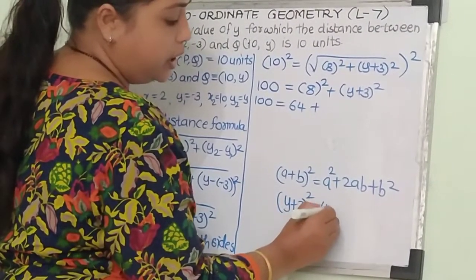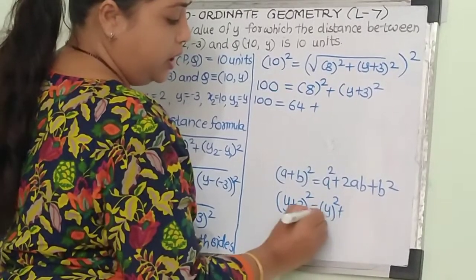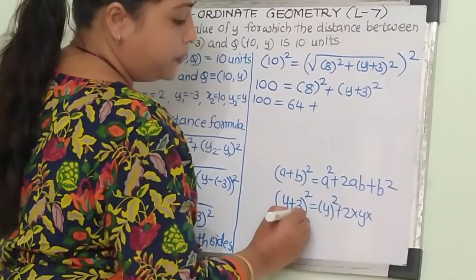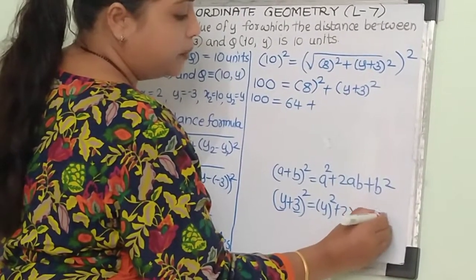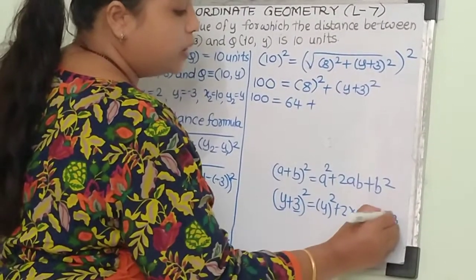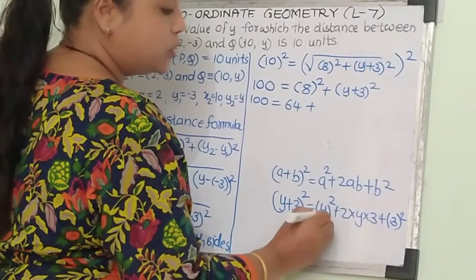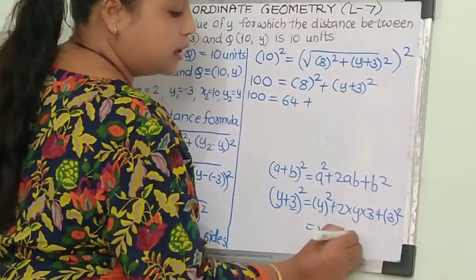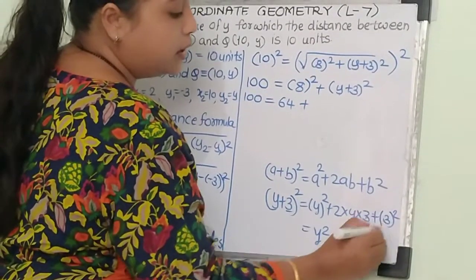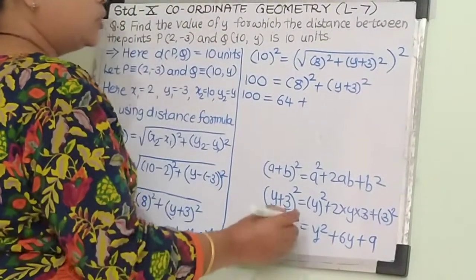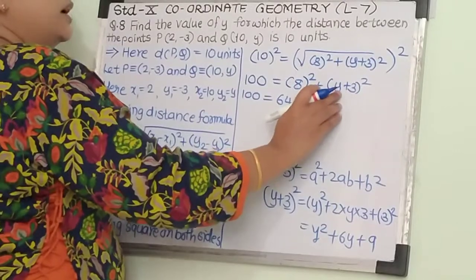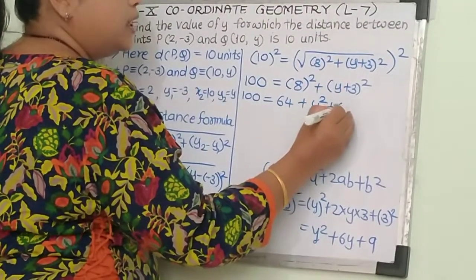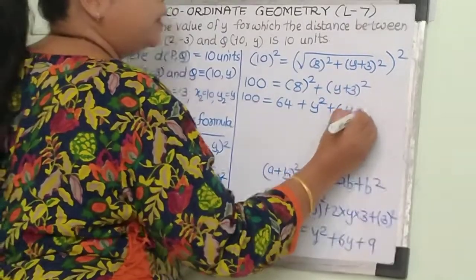So here we get y square plus 2 into a, here y, b means here 3, plus b square, that is 3 square. So we get y square plus 2 3s are 6y plus 3 square will be 9. So expansion of this bracket we get y square plus 6y plus 9.